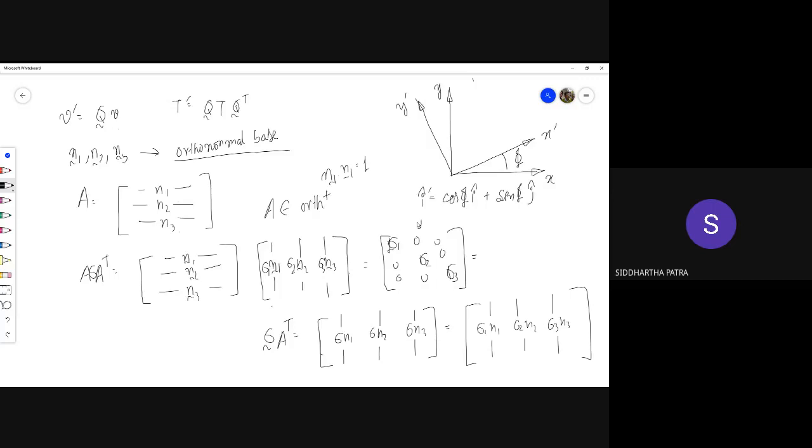Similarly, j prime is minus sine phi i plus cos phi j.